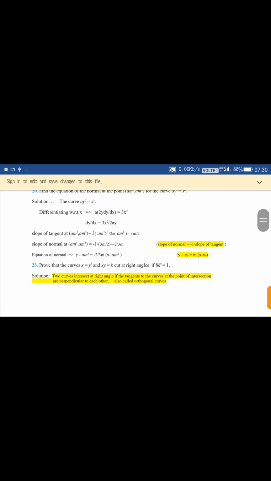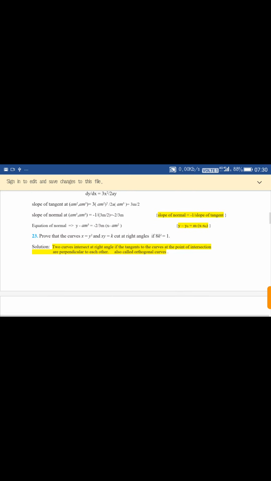Differentiate both sides with respect to x. We get a times the differentiation of y² equals the differentiation of x³. So a·2y·dy/dx = 3x². So dy/dx will become 3x²/(2ay).